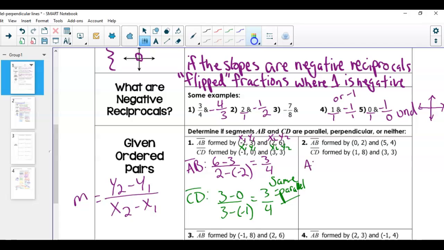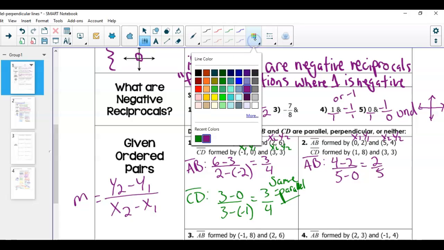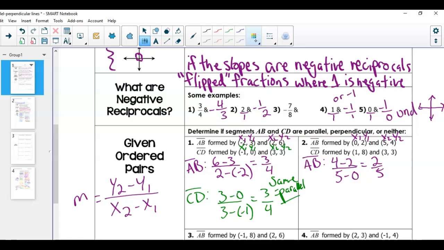For number 2, our slope is going to be 4 minus 2 over 5 minus 0. So we have 2/5. And then for our line CD, our line segment in this case, same thing.